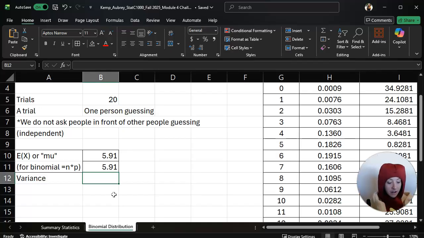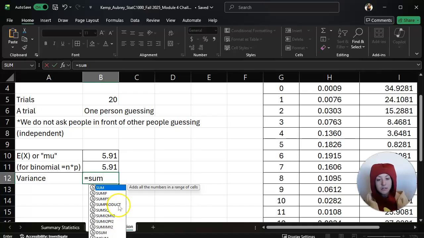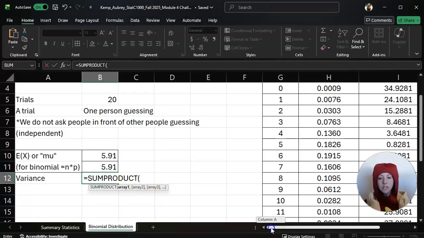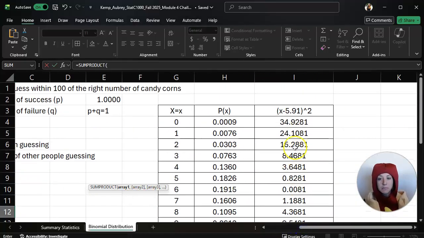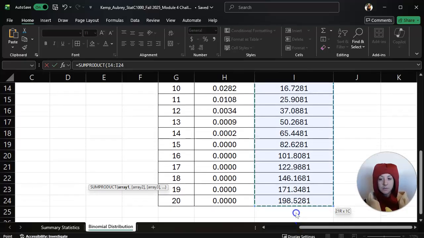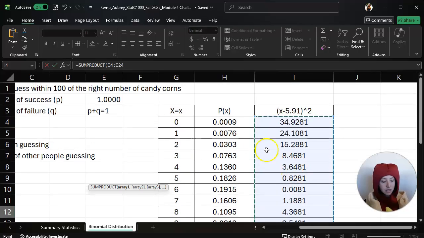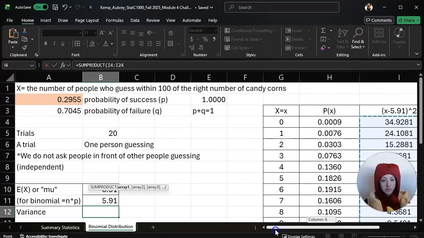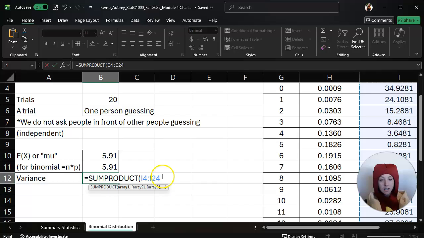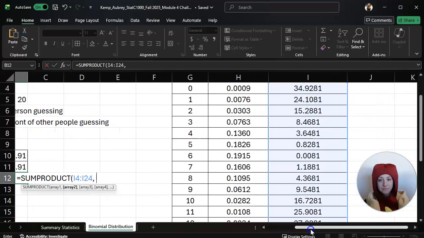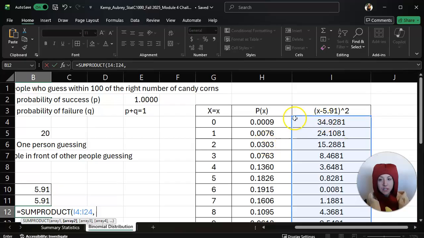Okay, so the variance, which is the square of the standard deviation, here now we can use sum product. So we're looking at multiplying each of these values, so the difference between x and the mean squared. Okay, I'm going to come back over here so you can see. Sum product of that column, comma. And we're trying to multiply each of these with the corresponding probability.